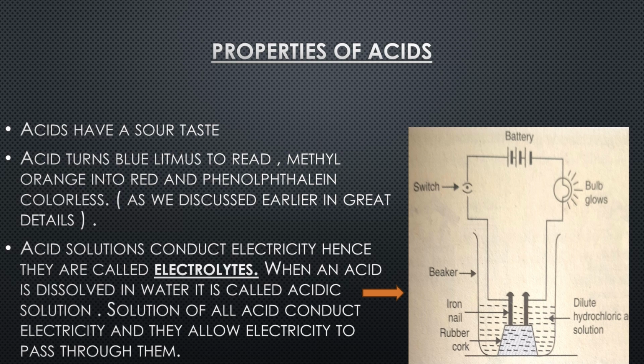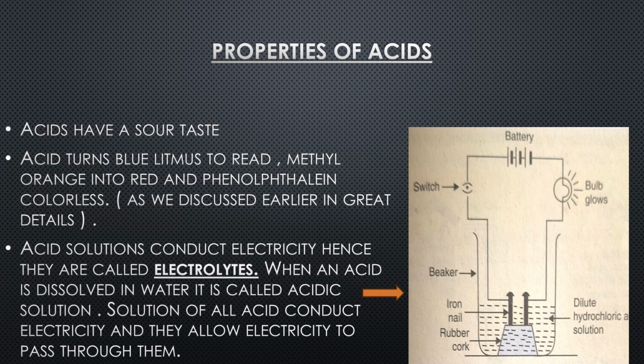So what you see in this experiment is that a bulb can glow when electricity can pass through it. So this proves that electric current passes through the dilute hydrochloric acid solution.